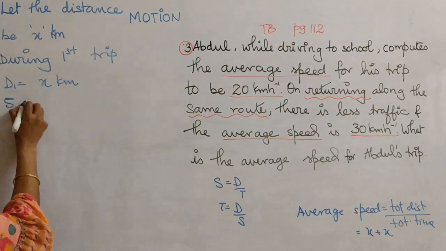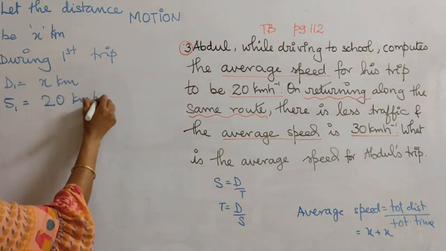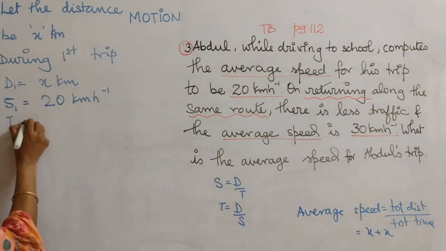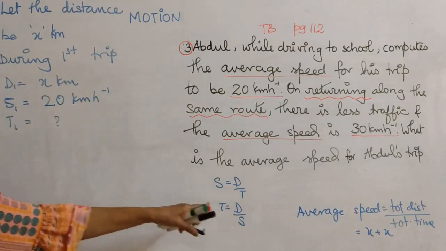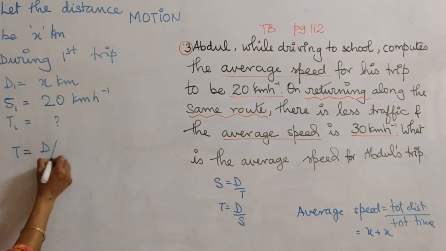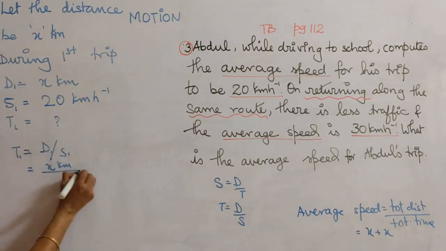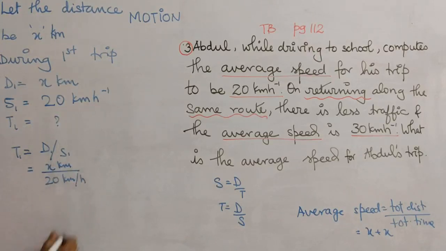Speed, the first speed was 20 kilometers per hour and time is equal to unknown. But we know that time is equal to distance upon speed. Hence we will get x kilometers upon 20 kilometers per hour. So you will get x upon 20 hours, right?